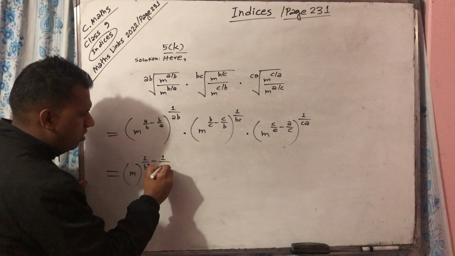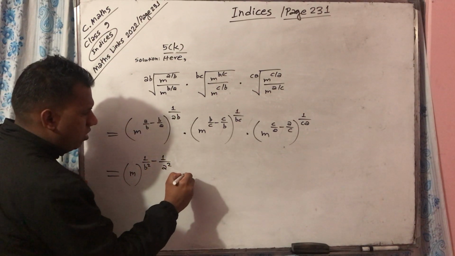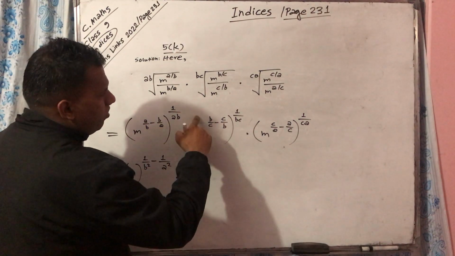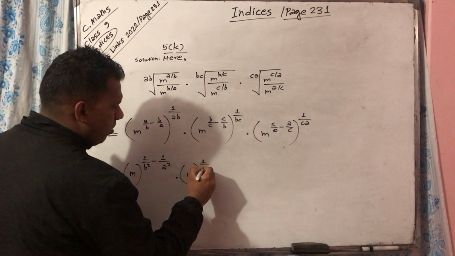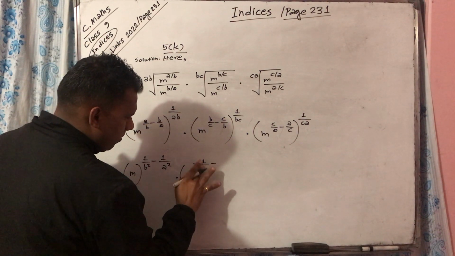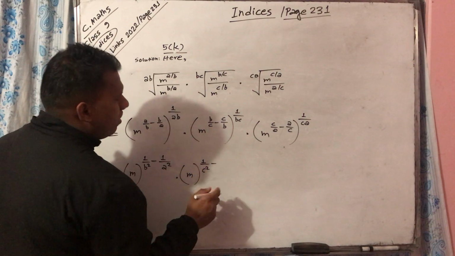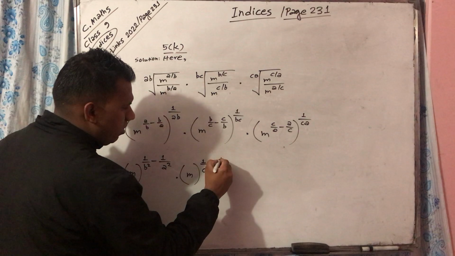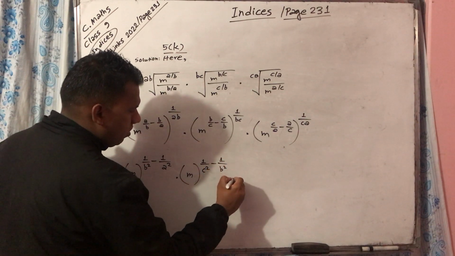So 1 by a square. In the second, m to the power b by c into 1 by bc. B cancel, 1 by c square. Minus c by b into 1 by bc. C cancel, 1 by b square.